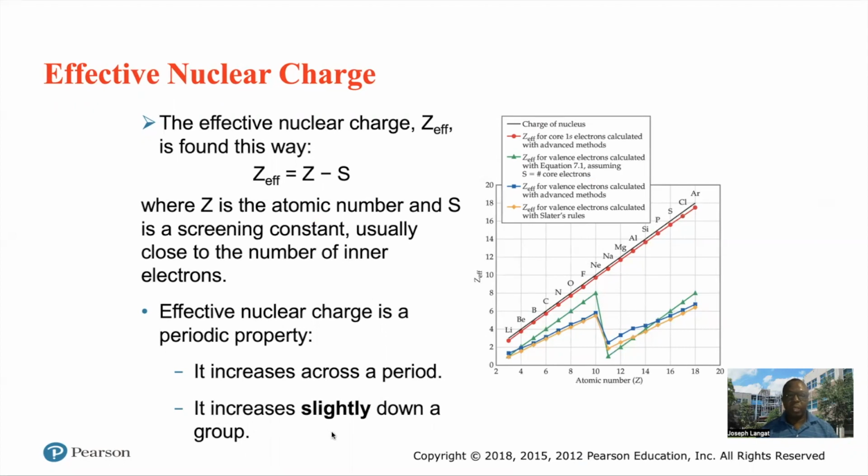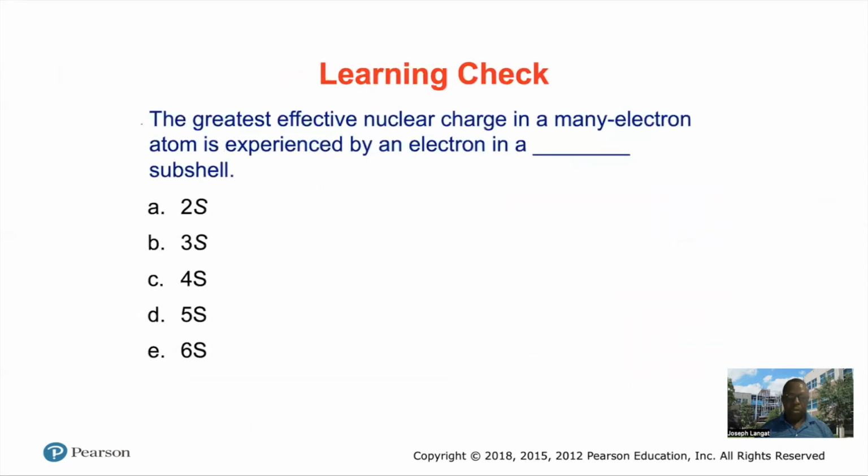It increases slightly down the periodic table, which is what I want you to remember. So you should know the trends: effective nuclear charge increases across the periodic table and slightly increases down the group.